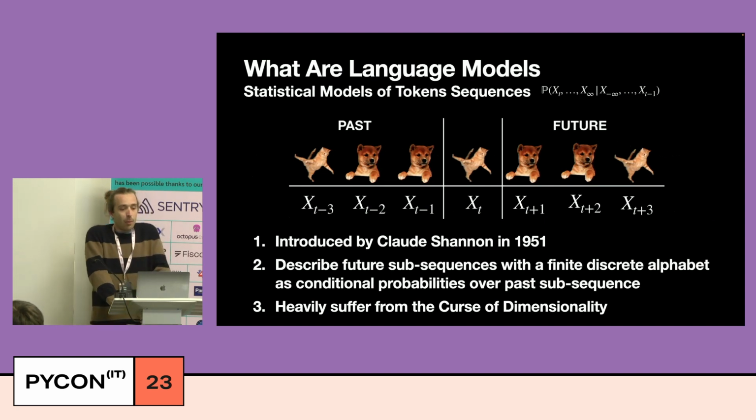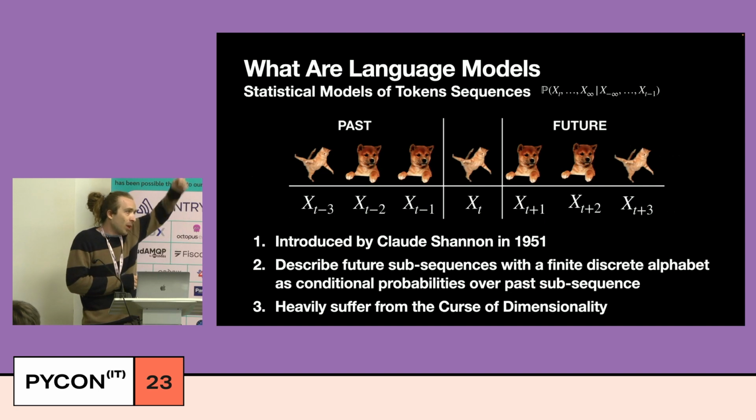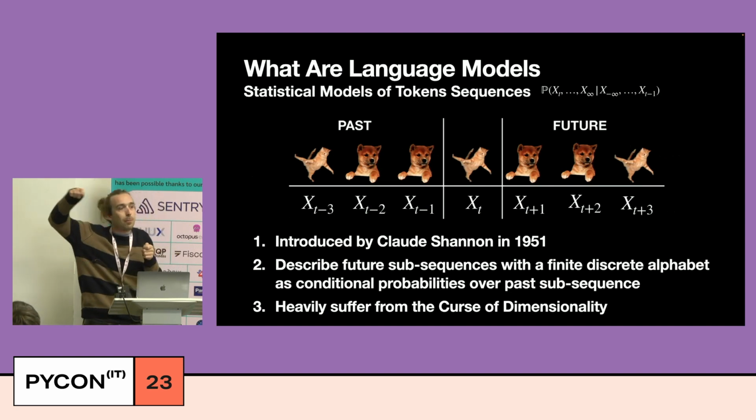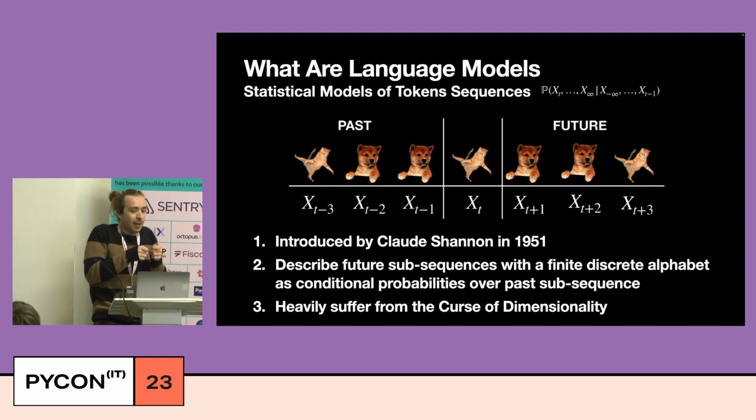And what is the problem of these language models? These language models are literally tables where you have on one side all the possible permutations of sequences up to that length, and on the other side all the possible tokens. If you have only 2 tokens, you have 4 possible sequences. But as soon as you have 3 and so on, you start having a huge amount of combinations.